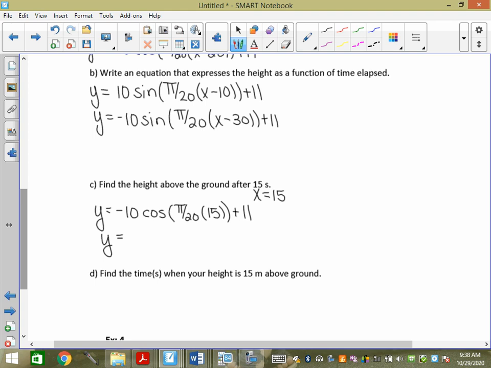Anyone type it in? 18.1? What units? And if this was a diploma question or a unit test, you'd write the height above the ground after 15 seconds is 18.1 meters. You would write a sentence, always. Right? Written response sentences.